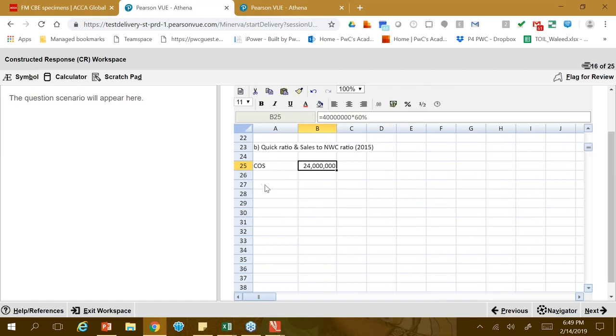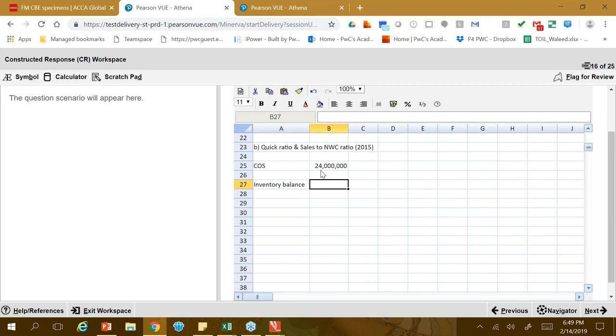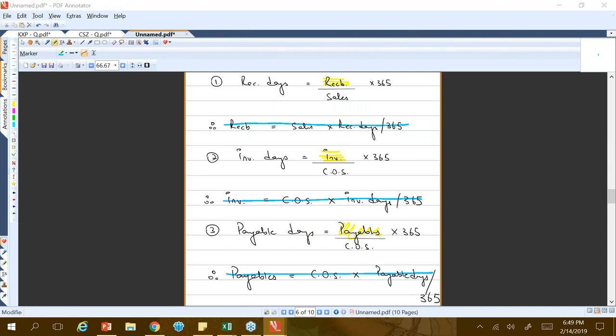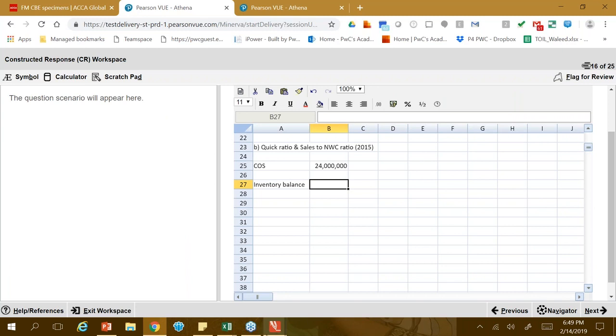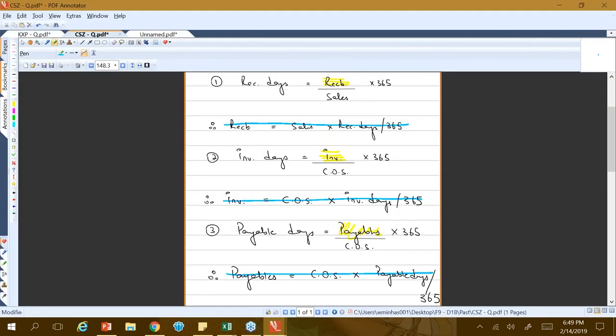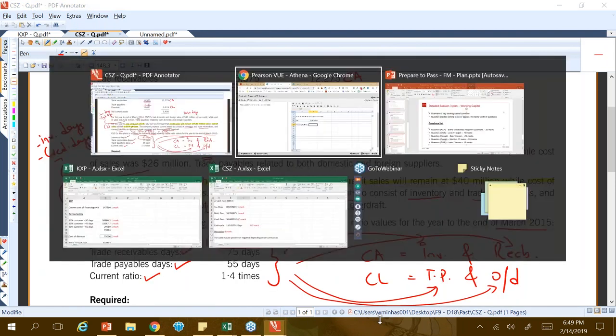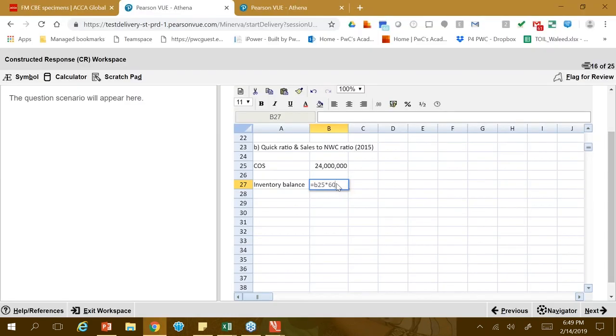Now, I want to find the inventory balance. To find the inventory balance, remember the calculation I showed you earlier, which is cost of sales into inventory days over 365. I already have the cost of sales. Do I have the inventory days for the next year? Yes, we have the inventory days for the next year, which are 60 days. So I'll take the cost of sales into 60 days over 365.